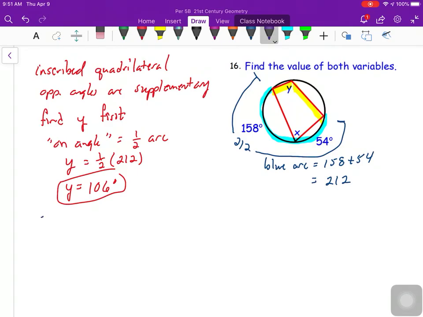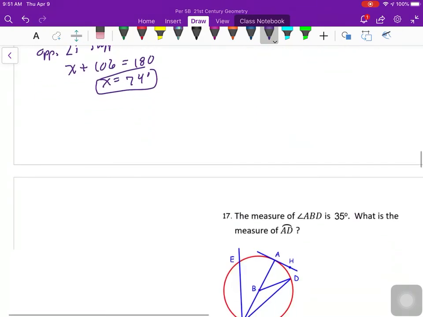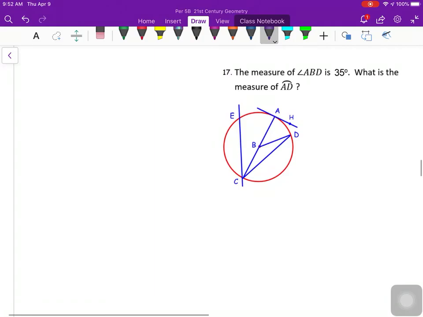So that means our y would be equal to half of 212. So the y will be 106. And now we'll use that fact that the opposite angles are supplementary. So x plus 106 will equal 180. So x will be 74. And that's why we had to find the y first.